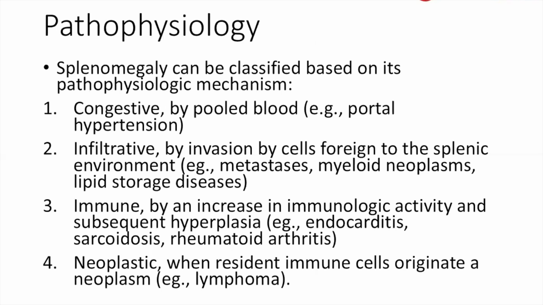Now, the pathophysiology is congestive, by pooling of blood leading to portal hypertension; infiltrative, by invasion of cells foreign to the splenic environment, like metastasis, myeloid neoplasm, lipid storage disorder; immune, by increased immunological activity and subsequent hyperplasia, as in endocarditis, sarcoidosis, rheumatoid arthritis; and neoplastic, when a resident immune cell originates from there, like splenic marginal zone lymphoma.